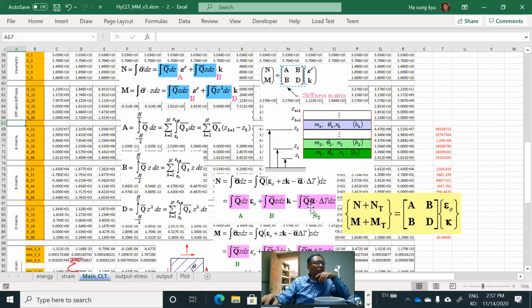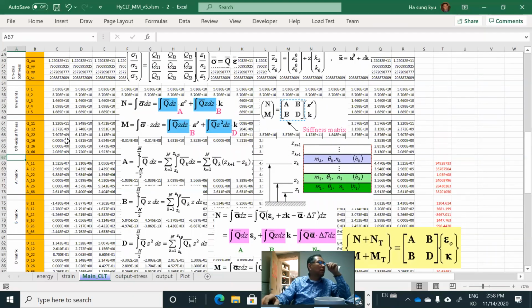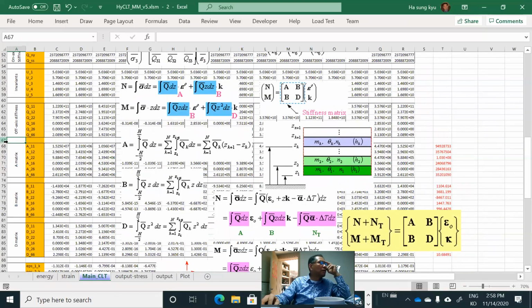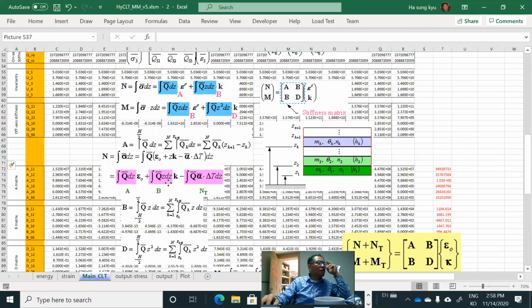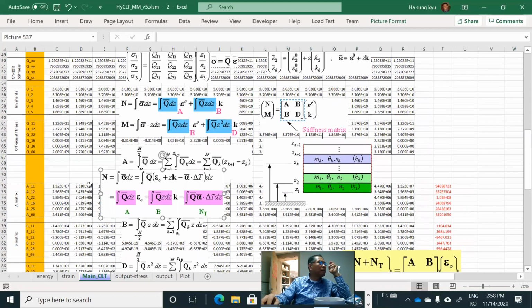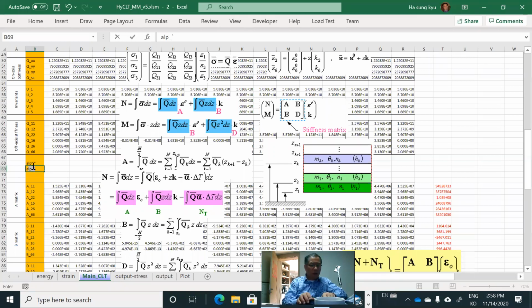And we have three components. Actually, what you need to have, as you can see here, is alpha bar. Alpha bar is not given yet. So we need some space for alpha 1, alpha 2 and alpha 6.